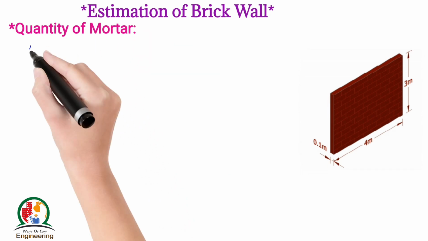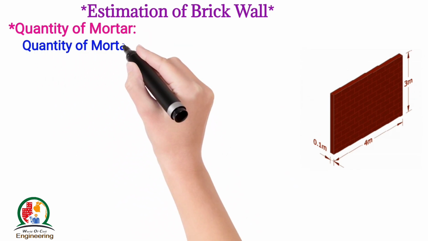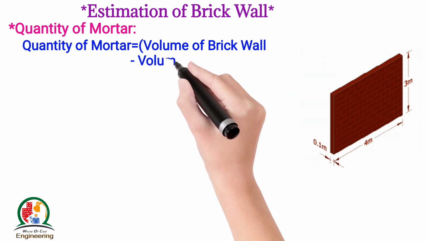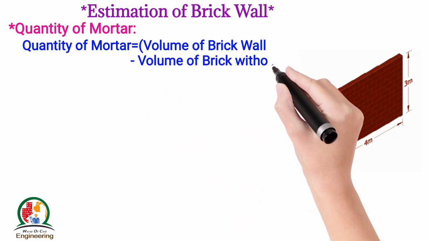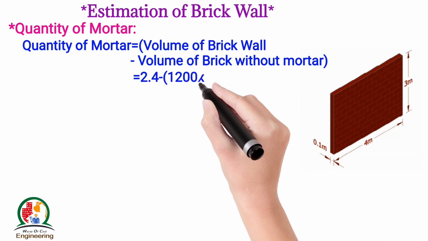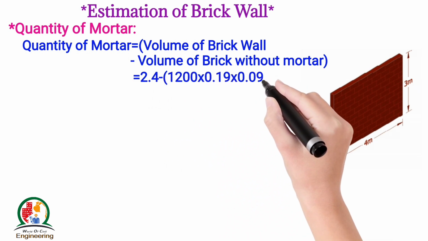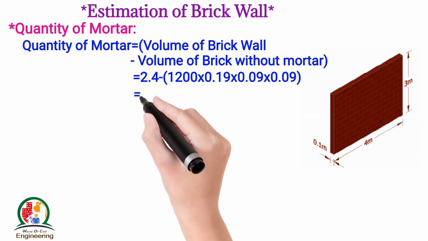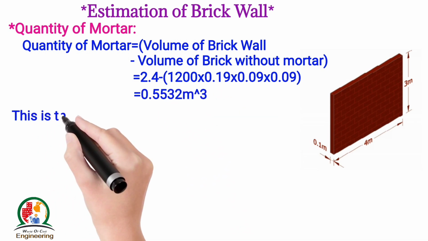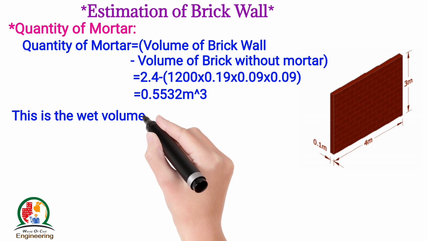Now we need to calculate the quantity of mortar. Quantity of mortar equal to volume of brick wall minus volume of bricks without mortar, equal to 2.4 minus 1200 into 0.19 into 0.09 into 0.09, equal to 0.5532 meter cube.